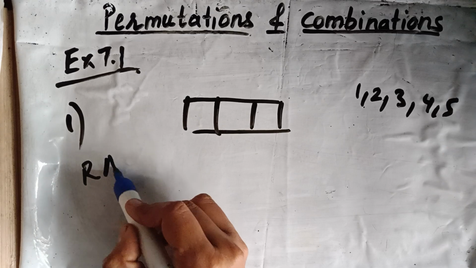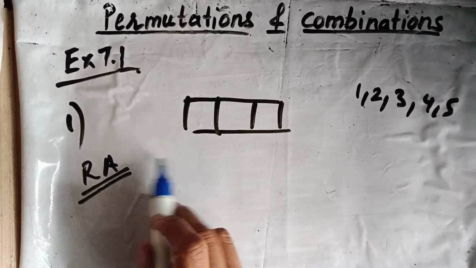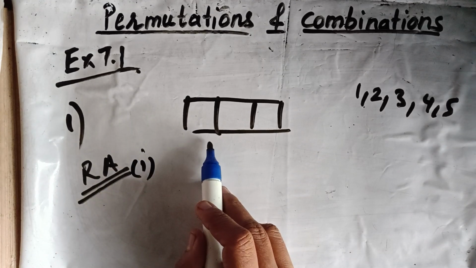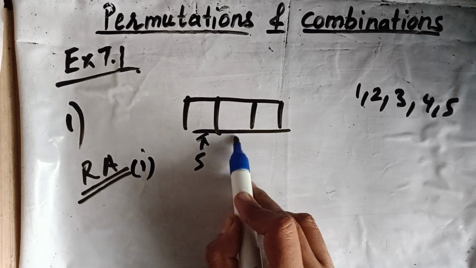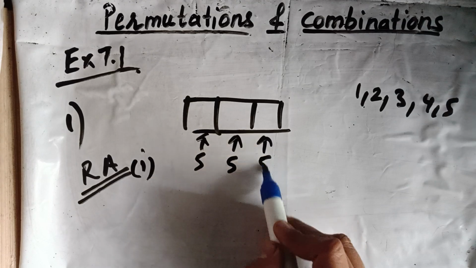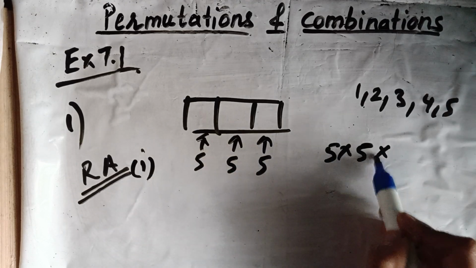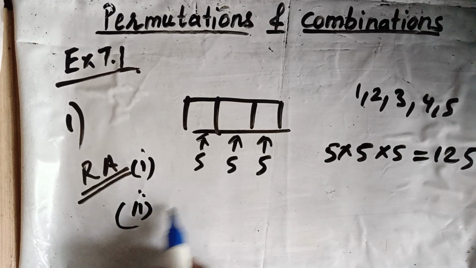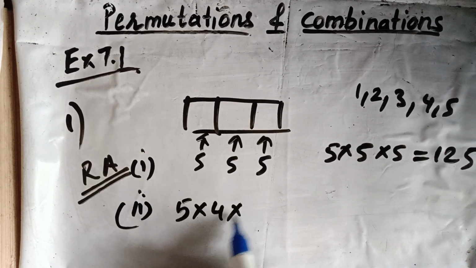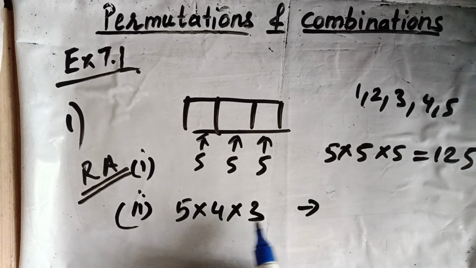Repetition allowed means this will be in 5 ways, in 5 ways, in 5 ways. So 5 into 5 into 5, 125. When the repetition is not allowed, 5 into 4 into 3, 60.